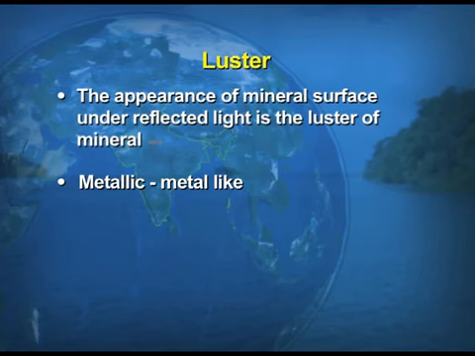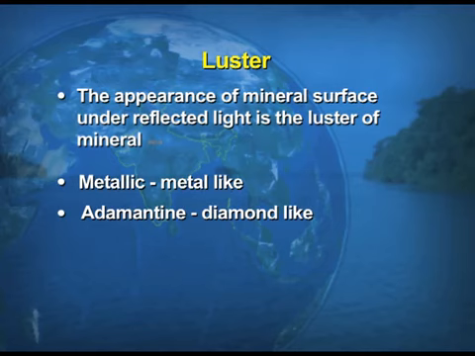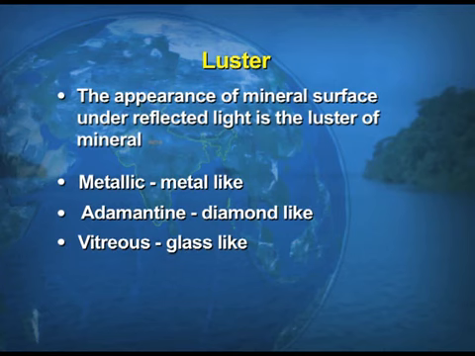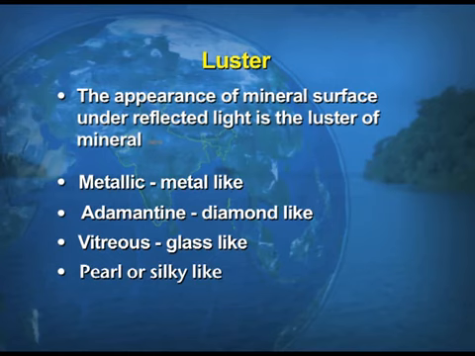We also talk about adamantine, that is diamond-like. We talk about vitreous, which is glass-like, or pearly or silky. So, these are the different terms which we use for the luster of the mineral.